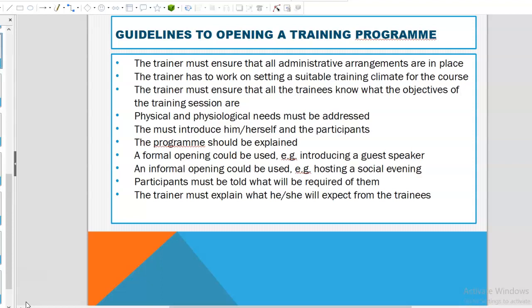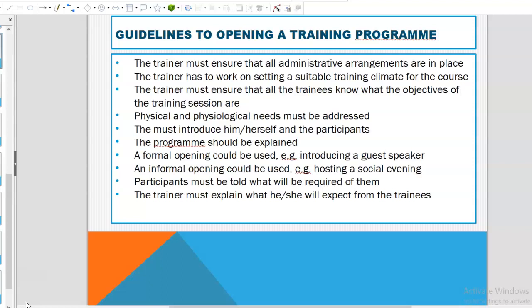So now, in this first one, in this slide, we are talking about the guidelines to opening a training program. First guideline says the trainer must ensure that all administrative arrangements are in place. When we talk about administrative arrangements, there are arrangements like telephone calls, email sent, filing, and all of those.